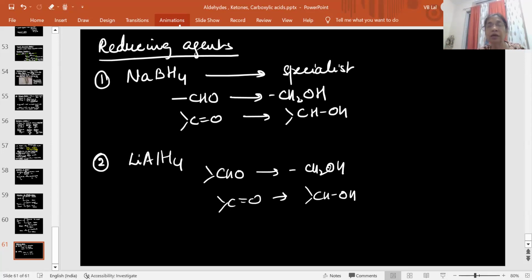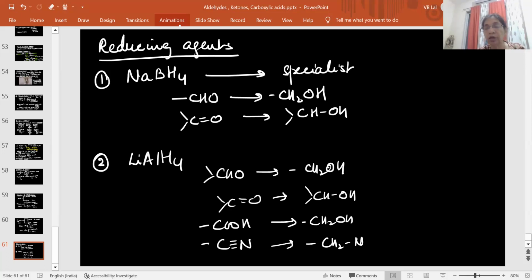It can convert COOH also to CH2OH, right? It can also convert C triple bond N to CH2NH2. So it can bring about a lot of reductions. It is not a specialist, it is a general purpose reducing agent.